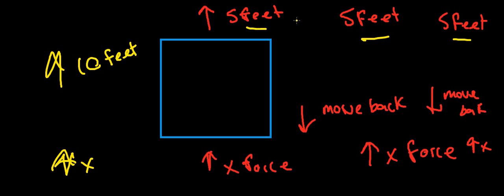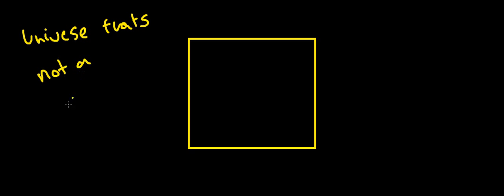If it didn't operate like a function, let's say we got two values. Let's go down again. So let's say I had another box, but this time assume that I'm in a universe that is not a function.